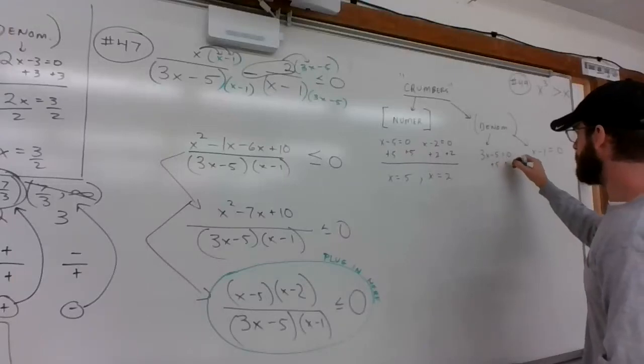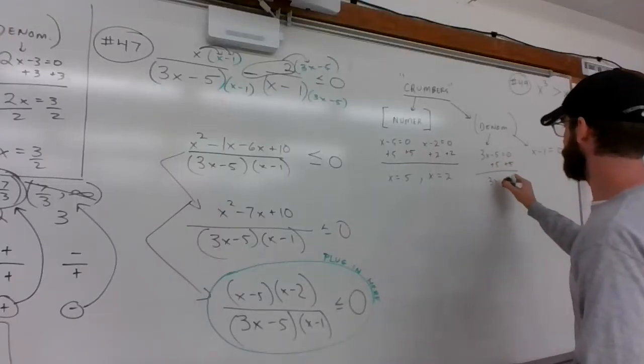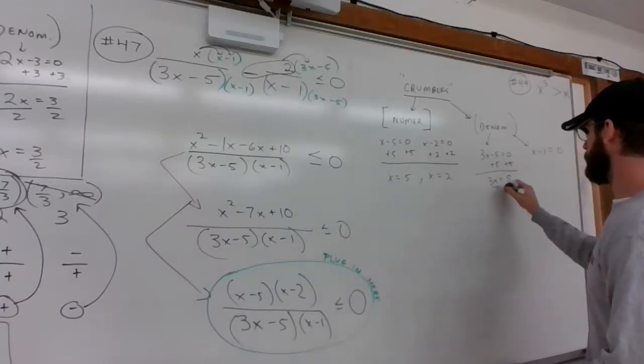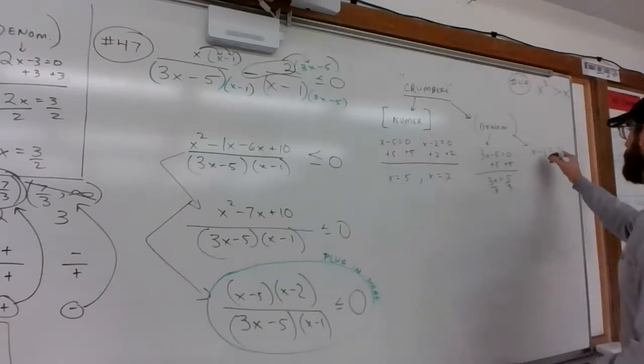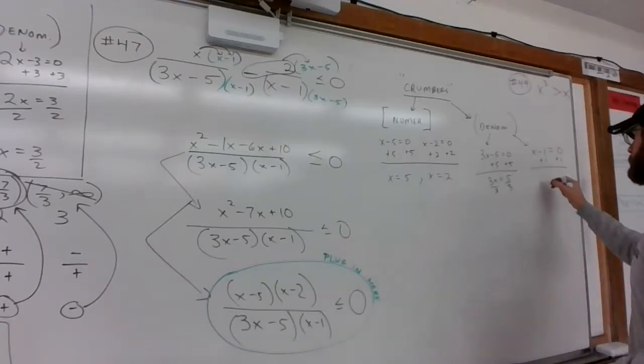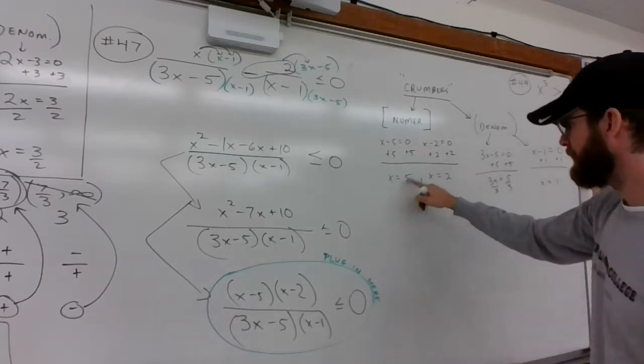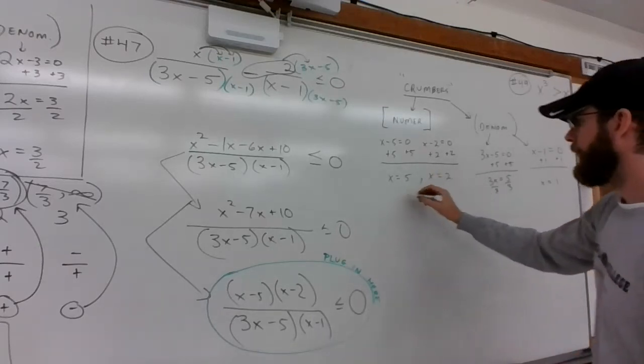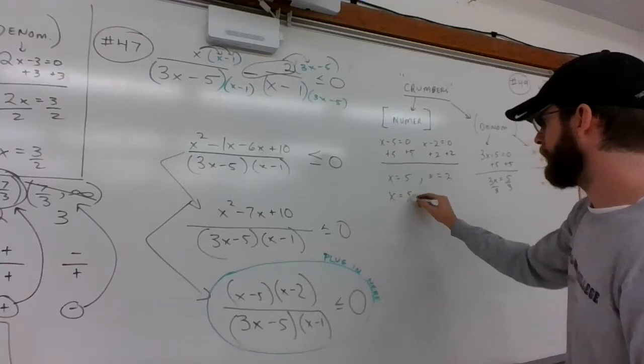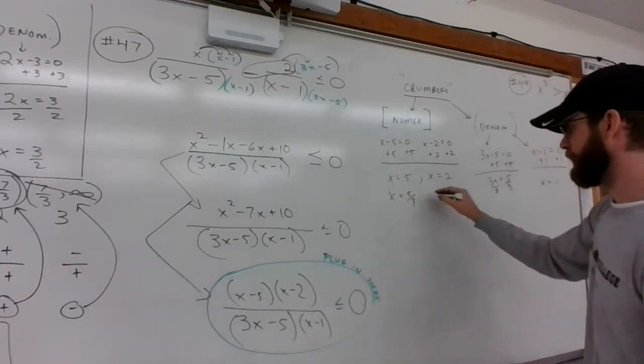Add 5, divide by 3. Add 1. Okay, so we've got x equals 5, x equals 2, x equals 5/3 from over here, and x equals 1.